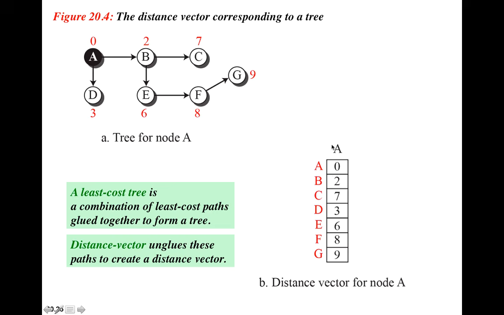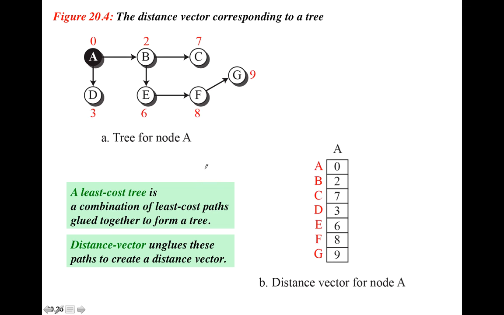So you have A and you have the distance from A to A, 0, A to B, 2, A to C, 7, and so on and so forth. And in distance vector, every node takes care of creating this vector. So every node in the network will create a distance vector.